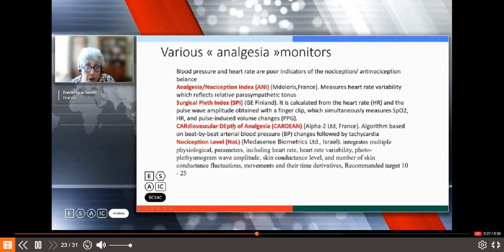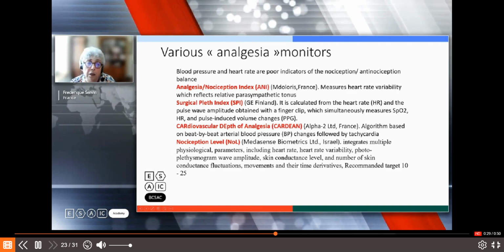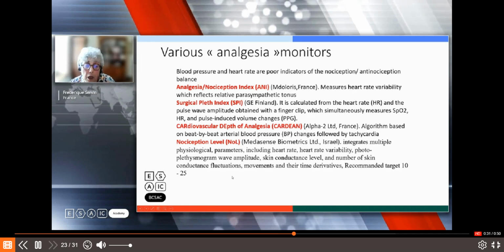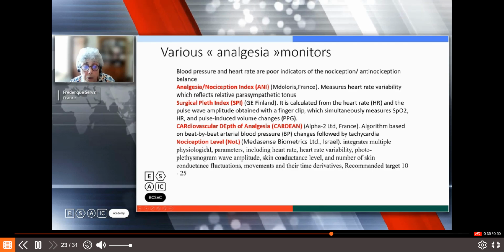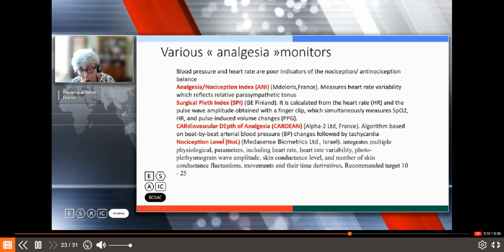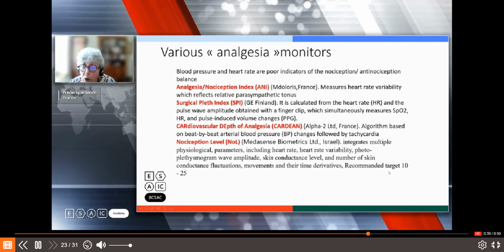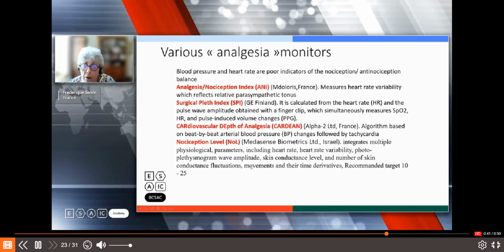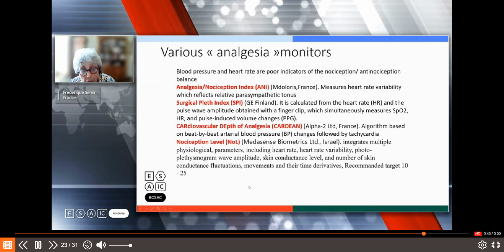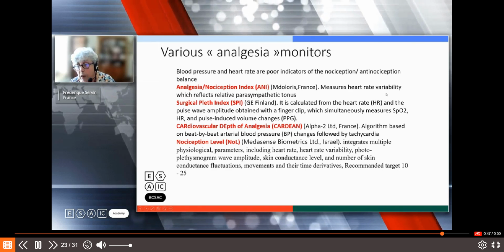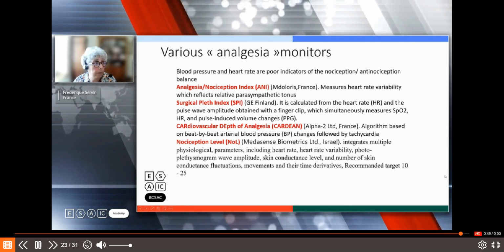And you have them here, some of them listed. Of course, there are others. The most interesting today is the nociception level, better known as NOL, which is a very complex parameter, but gives rather good results in clinical studies.